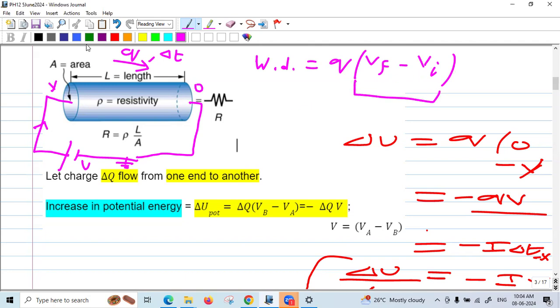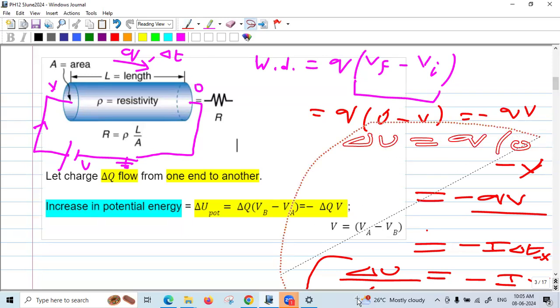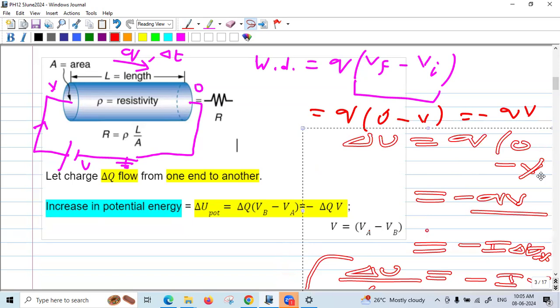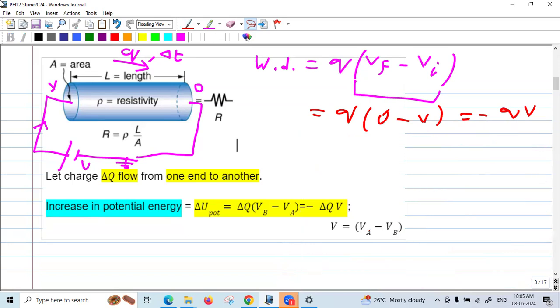So this will come out to be final potential, this point 0, minus initial potential, this left end, which is V. Okay, so this is minus Q into V. So this is the work done within the amount of time delta t.